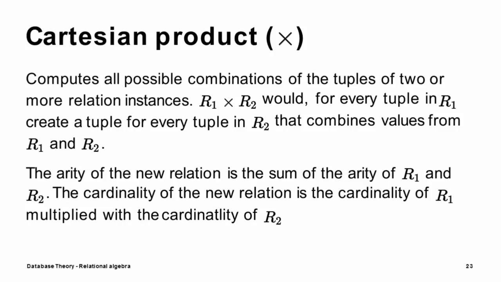So that Cartesian product is something that we are very interested in. And as I said, it makes the combination for all the tuples between those two relations R1 and R2. So if you have two large relations, there will be a massive number of combinations.